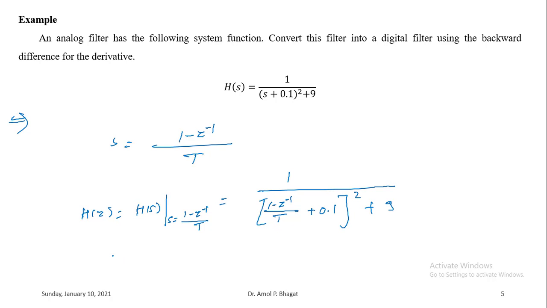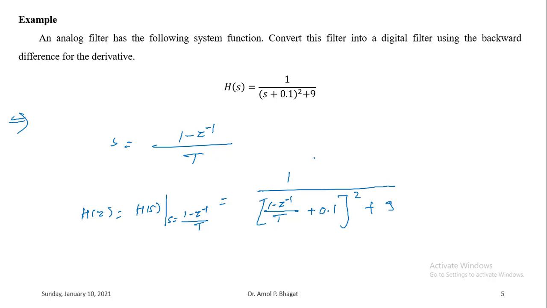If you simplify this equation, you will get H(z) equals, if I'm taking the square of this equation, T^2 will be there. So T^2 I will send in the numerator, and by performing this addition, this T^2 will get multiplied with this 9 here.